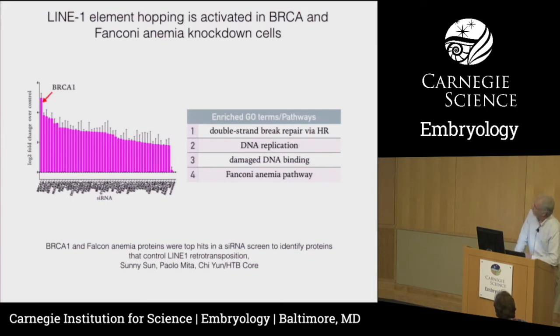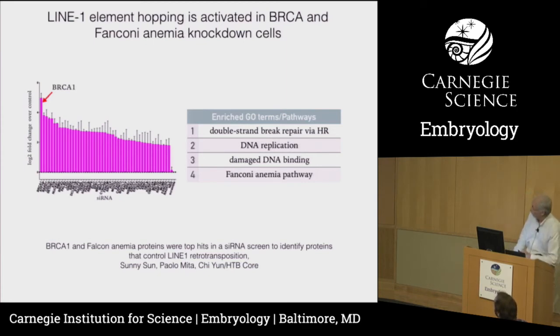So these would be potentially control factors that are preventing retrotransposition. And the number one hit was actually BRCA1, and several factors that interact with BRCA1, which are the Fanconi anemia proteins, which are involved in repairing stalled replication forks, are all in this cluster of top hits.